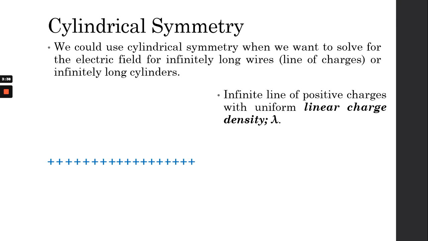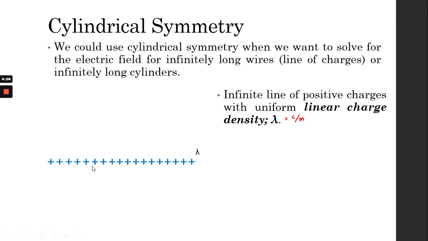Linear because it is a line, and the unit for linear charge density is basically coulombs per meter. So if we want to find the density of a portion of this wire, we have to solve for the linear charge density, that is, a certain number of coulombs per meter of the wire.